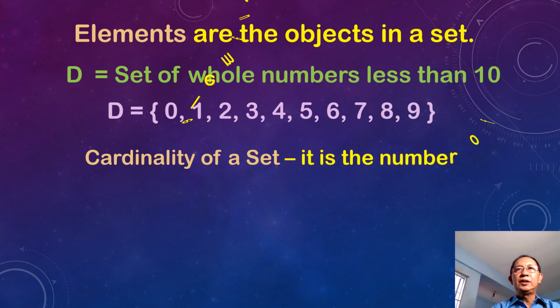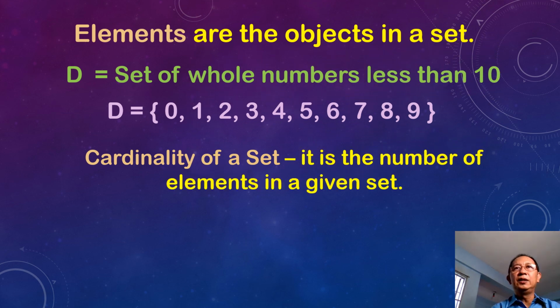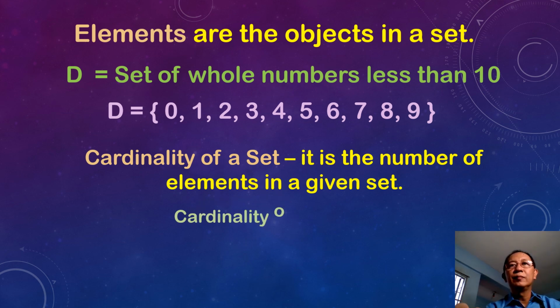Another term for this lesson is the cardinality of a set. It is the number of elements in a given set. So to find the cardinality of a set, just count the number of elements. For this example, set D, there are 10 elements. So the cardinality of set D is 10, because there are 10 elements.